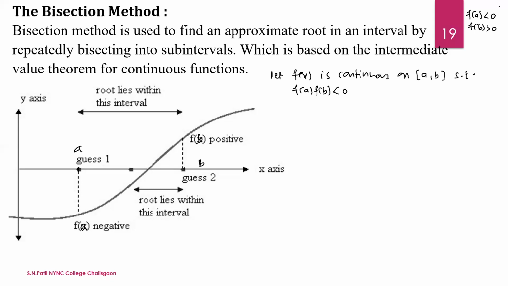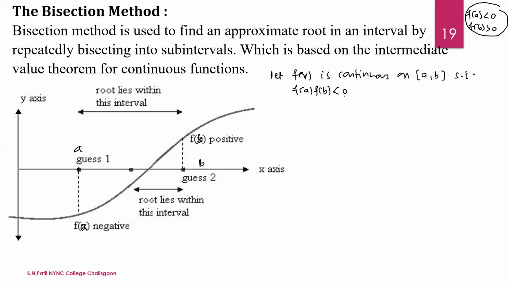If suppose they have the same sign, both negative, then their product becomes positive. If both are positive, then the product is positive. So there should be opposite signs for f of A and f of B. Okay.